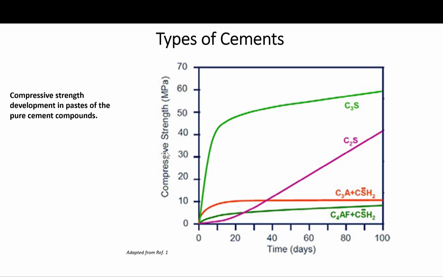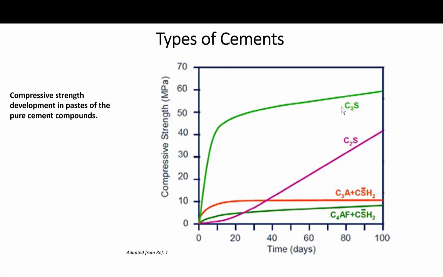Okay, the rates of reactions need not really have a direct relation to strength development. However, as can be seen from this figure, clearly the calcium silicates provide most of the strength developed by Portland cement, as you can see here, C3S and C2S. All right.